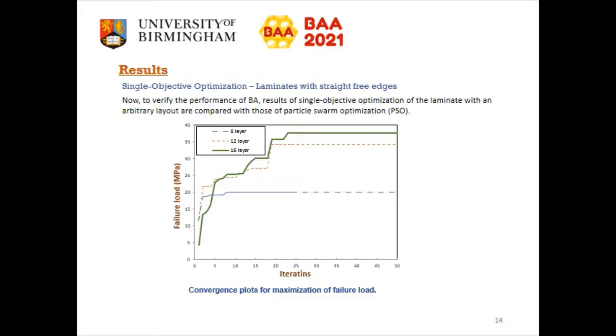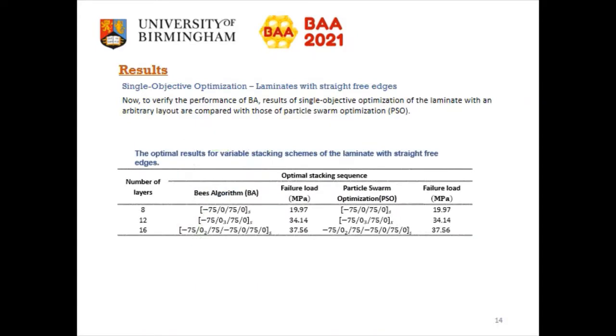The optimal designs are depicted here for laminates with 8, 12 and 16 layers. Also, the optimal stacking sequences are presented with details in the table. To verify the performance of these algorithms, results of single objective optimization are compared with those of particle swarm optimization.